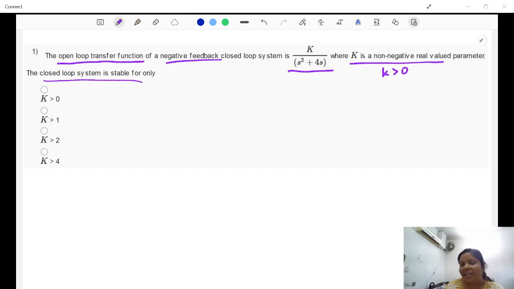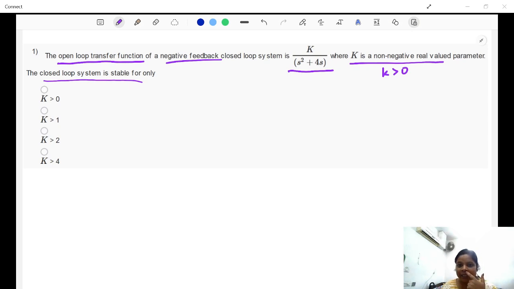Now there are multiple ways in which we have learned. As of now, we know that if we determine using the Routh stability criteria whether all the poles lie in the left half of the S-plane, we can answer from there.